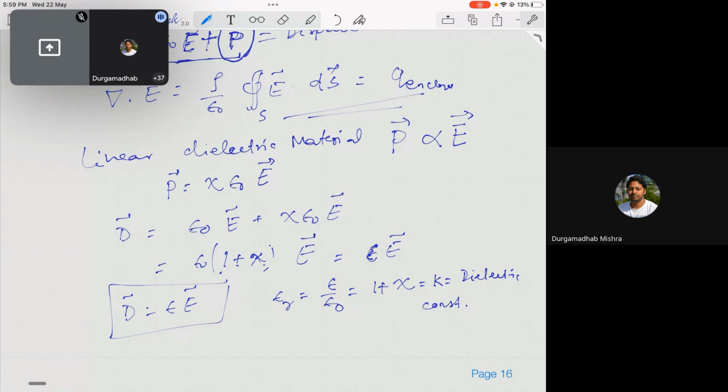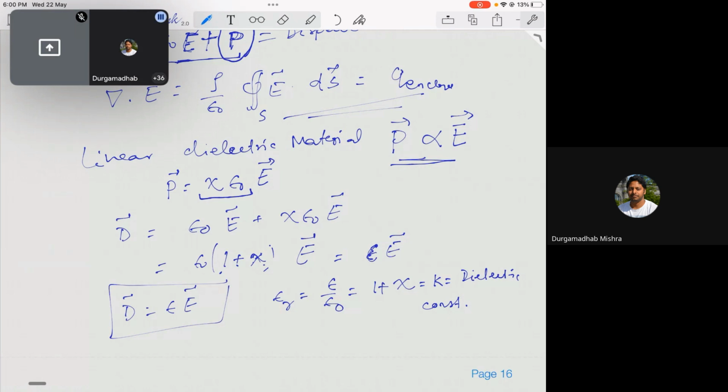There are materials where polarization can depend on E squared or E to the power 4 or higher order terms, but those are known as non-linear dielectrics. This is a linear dielectric, so the polarization is proportional to the electric field, and this proportionality constant depends on the susceptibility and the free space permittivity.